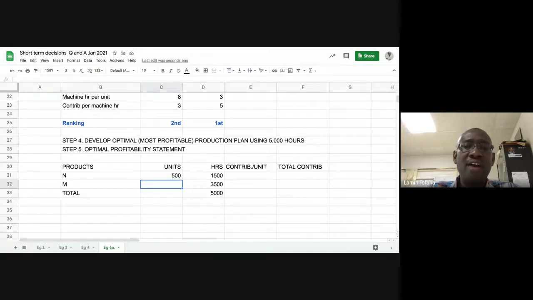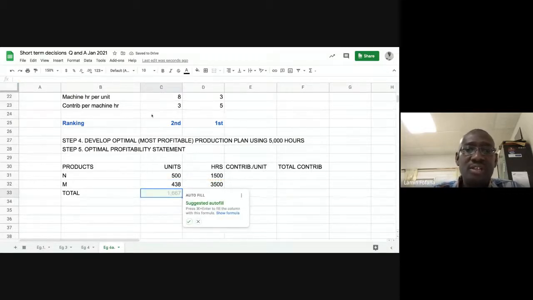So if we have 3,500 hours, we simply divide the total hours by 8 to give us the units. So we say equals D32 divided by C22, because C22 is already the machine hours per unit. Then we enter.